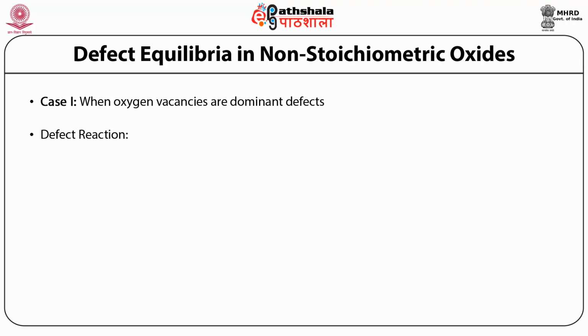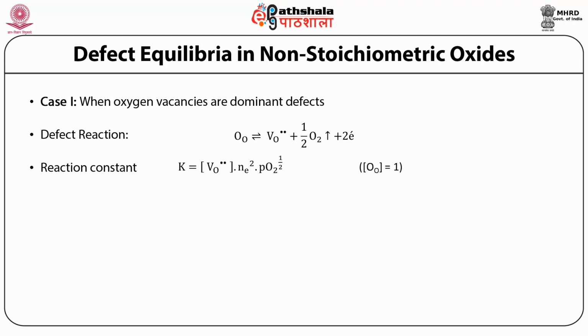Here, the defect reaction can be expressed as OO gives VO double dot plus half O2 plus 2 electrons. The reaction constant will be K equal to [VO double dot] times n squared times PO2 to the power 1 by 2.